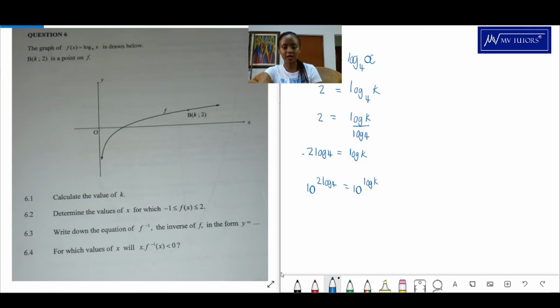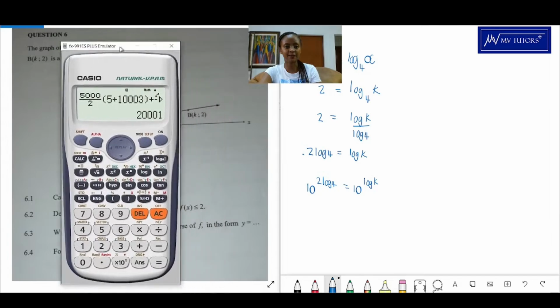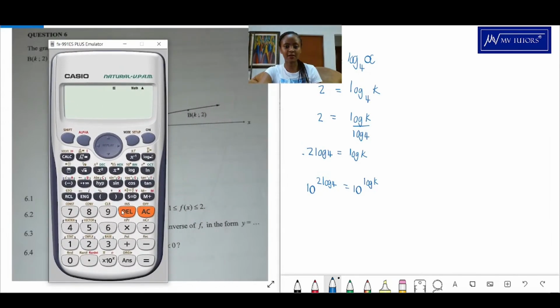Using our calculator, 10 to the power 2 log 4 gives me 16. On this side, the 10 and the log cancel, so I have k. So ultimately, k is equal to 16.